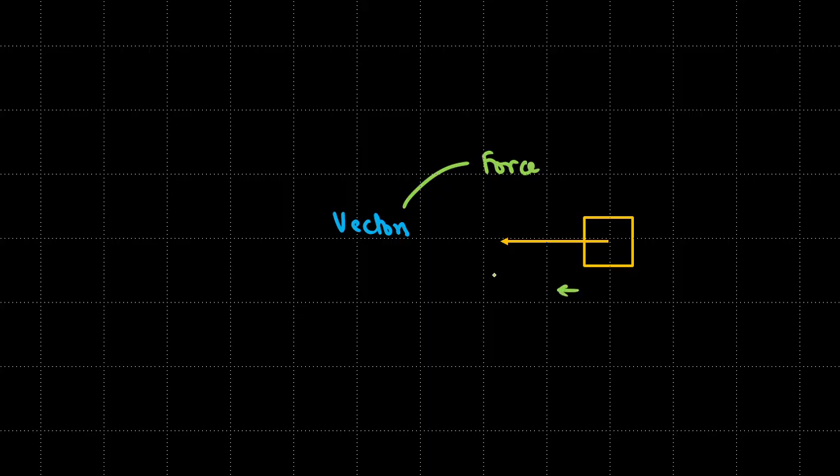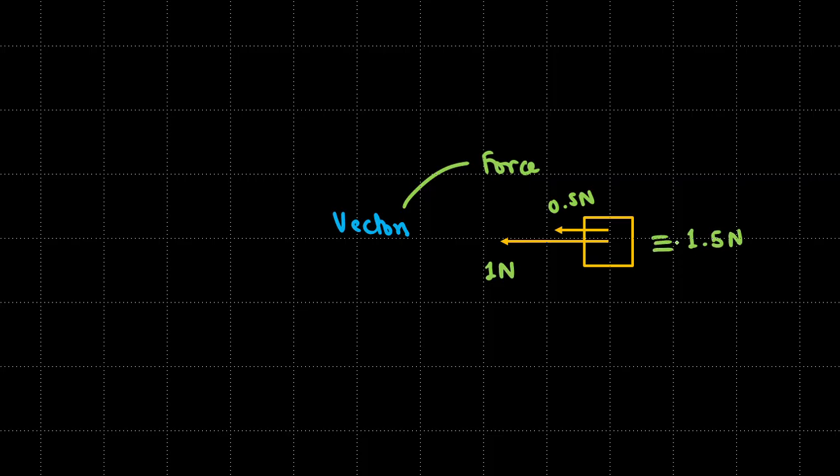Suppose this is 1 Newton. Newton is the unit of force. If I kept another force in the same direction, and let's make this 0.5 Newton, then the net resultant will be 1.5 Newton in this case. This is equivalent to saying 1.5 Newton is acting on the block.